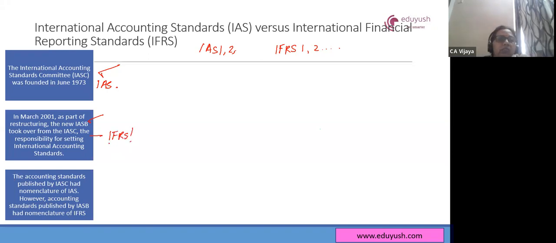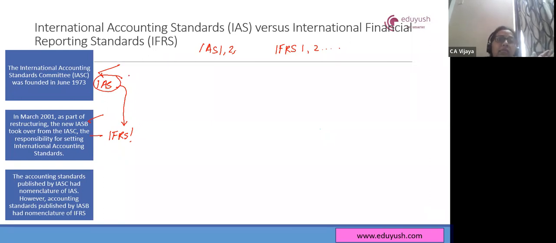So from March 2001, what is the work of the International Accounting Standards Board? One is to set new standards in areas where there is no guidance. Second is, even if there was existing guidance under IAS 1, IAS 2, IAS 3, and so on, they were reviewing all this guidance and putting it in the format of the IFRS and giving a new IFRS number for it.